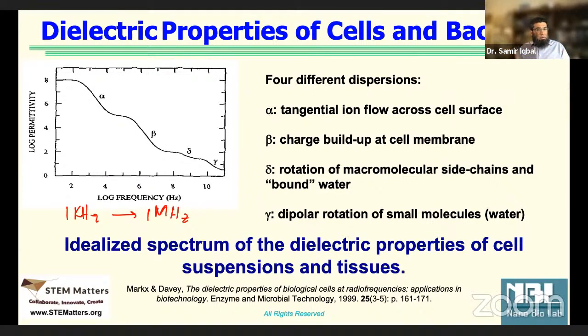Using that, we can make two electrodes and possibly separate normal cells from cancerous cells based on their change in permittivity, which would be different. This graph, where the x-axis is in log scale going from kilohertz to megahertz, shows how the permittivity is changing for a cell.